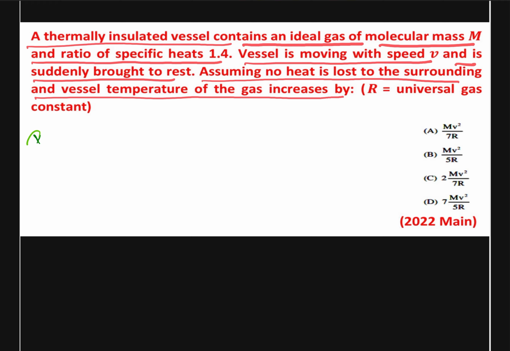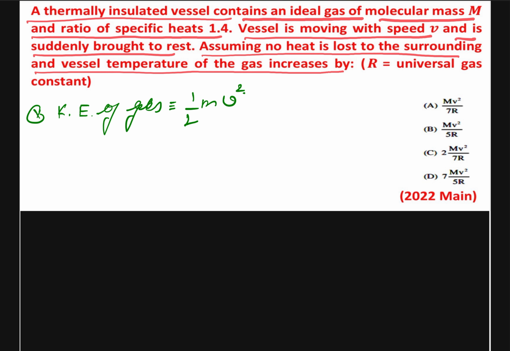So we can say that the kinetic energy of the gas will be half mv square, and this kinetic energy becomes internal energy, which is our delta U, and that is given as n C of V times delta T.